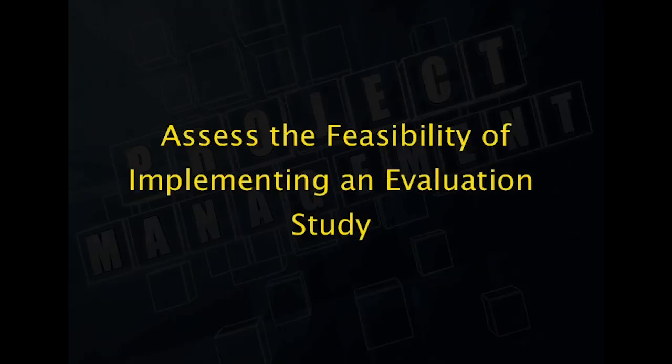The next step is to assess the feasibility of implementing an evaluation study. Assessing the feasibility of a program evaluation helps to ensure that the program can be meaningfully evaluated and that the evaluation will contribute to improving program design and performance.